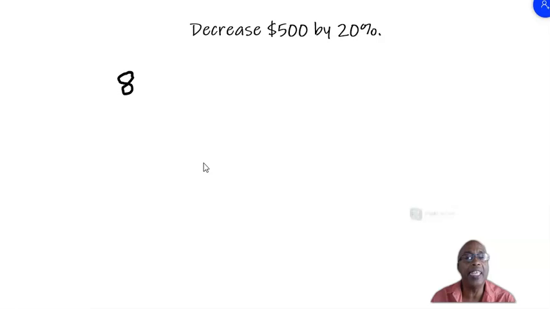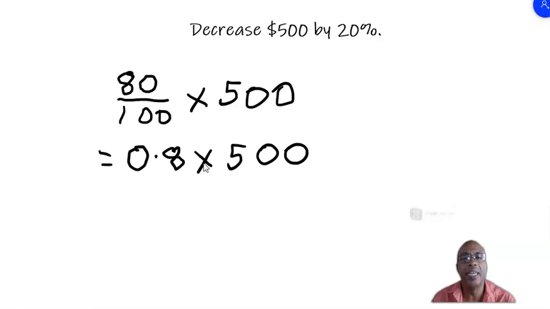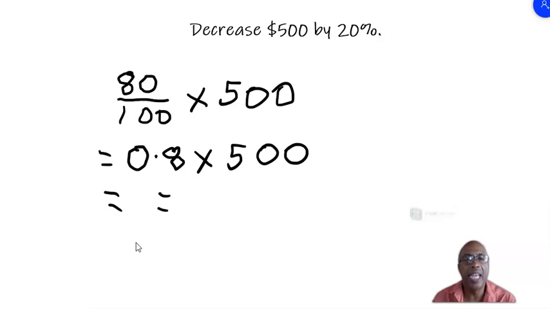So we need to find 80% of $500, which is, to bring the point back 2 places, to get 0.8 times 500, and that will be equal to $400. Answer.